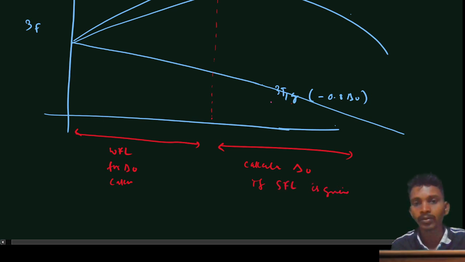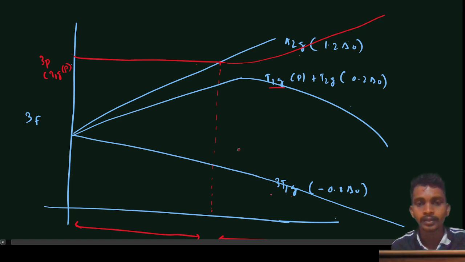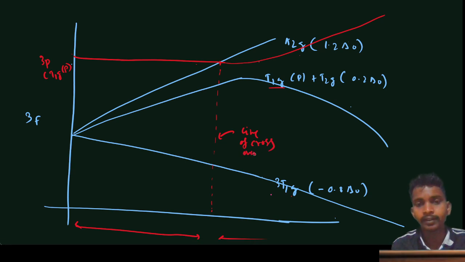Okay, so after the crossover point, this is the line of crossover points. Here we will calculate the delta naught for weak field ligands, and here we will calculate the delta naught for strong field ligands. Okay, this is the crossover point.